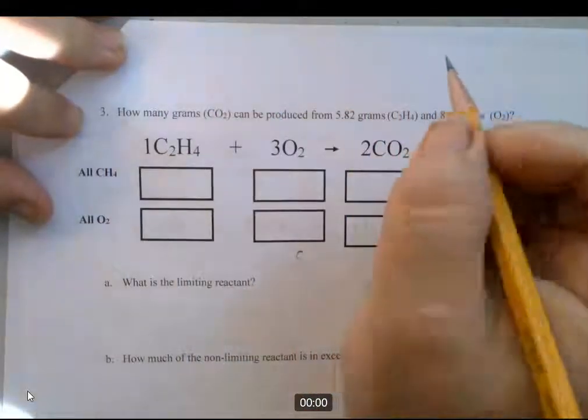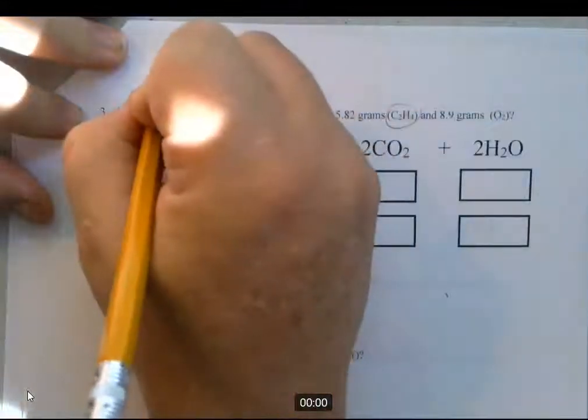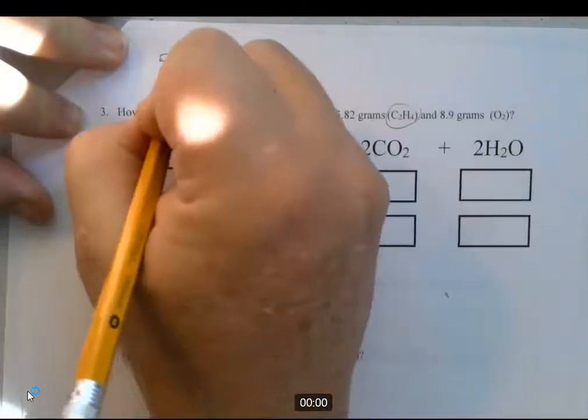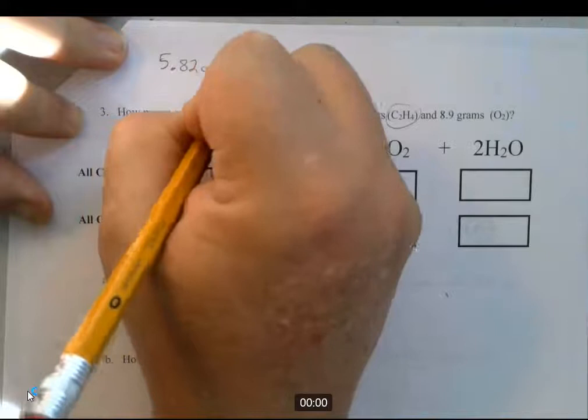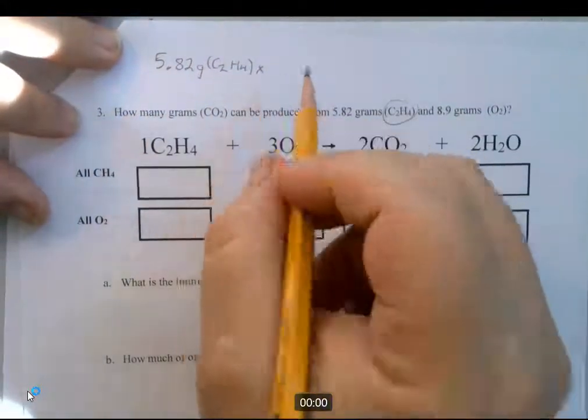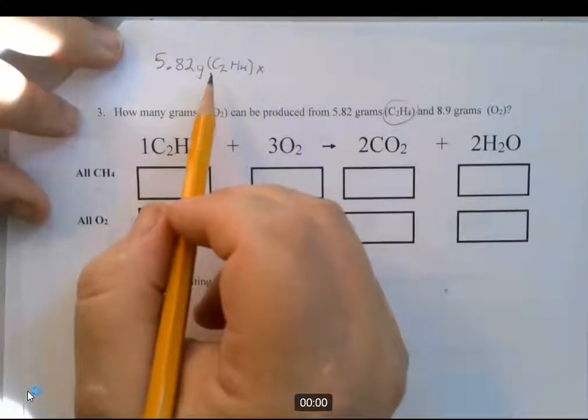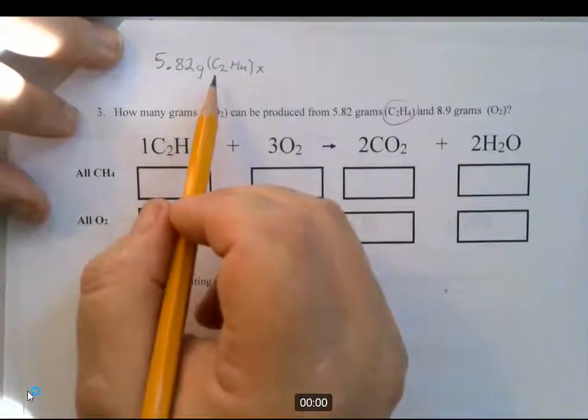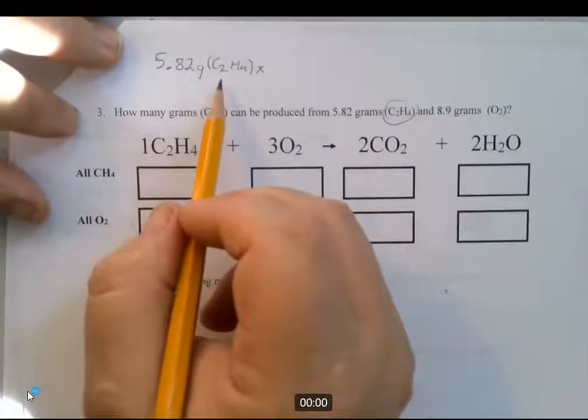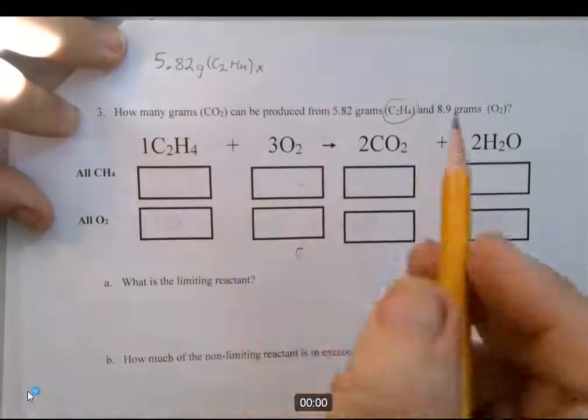So for C2H4, ethylene, the molar mass of ethylene: you have 2 carbons, that's 2 times 12.01 is 24.02, and you have 4 hydrogens at 1.01 each, that's 4.04, so that's going to give you 28.06.